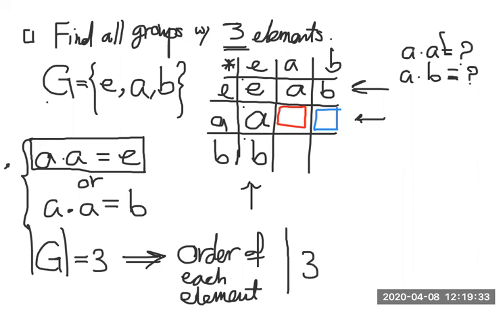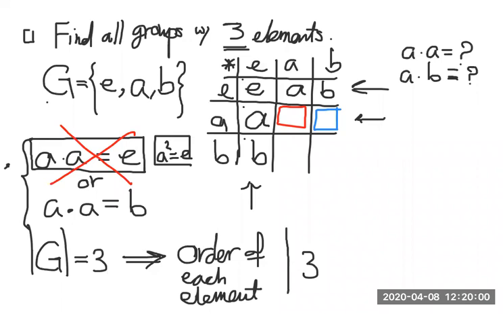Now here, if A times A is E, it means A squared is E, right? So if A squared is E, it means the order of A is 2. But 2 does not divide 3. And we can't have that. So this is not possible. Is it clear for everyone?